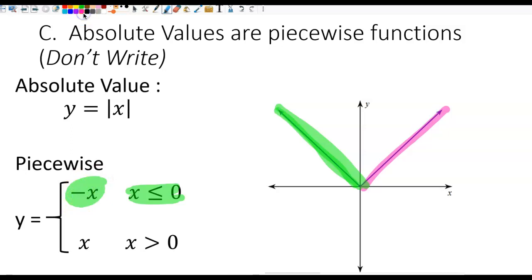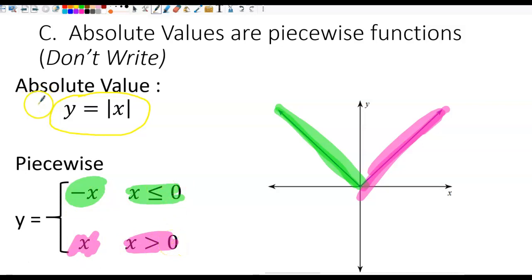And for anything to the right of 0, over here, in other words, anything where x is greater than 0, we have the same line, but the slope is positive this time. So even though we can write an absolute value function as one single function, another way you can think of it is as two straight lines that are hooked together at a common point.